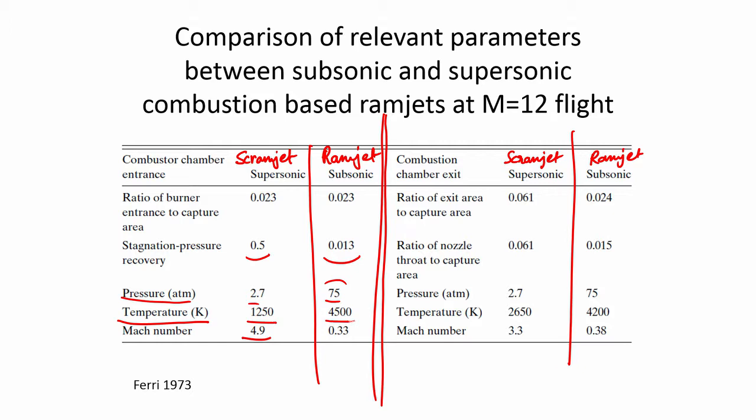Whereas in this case, if you are decelerating Mach 12 air to Mach 0.33 at the entry of the combustion chamber in the ramjet, the static temperature would be 4500 Kelvin. Why would you need even combustion?